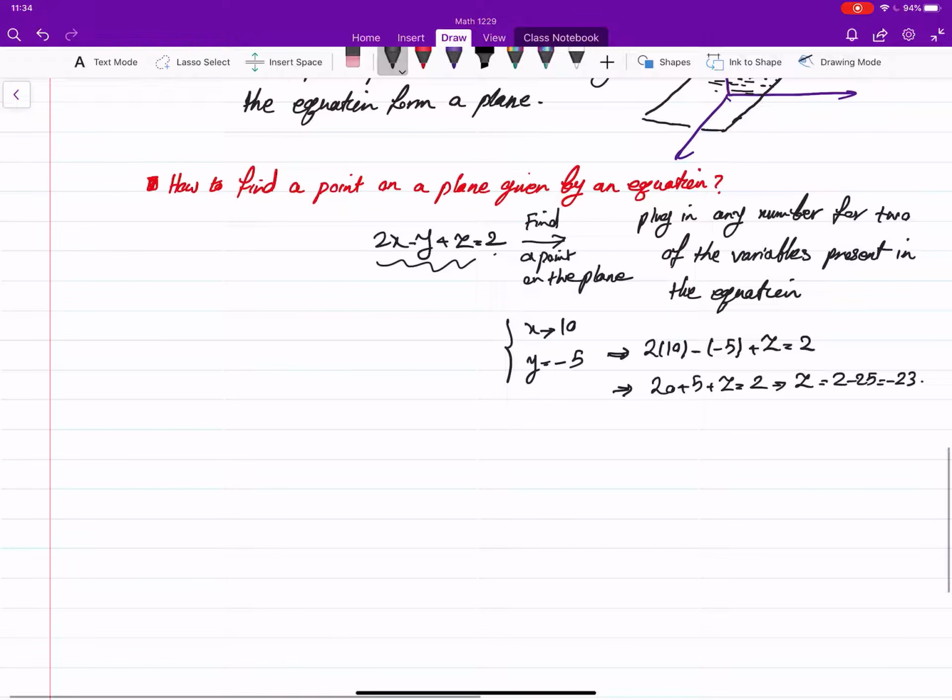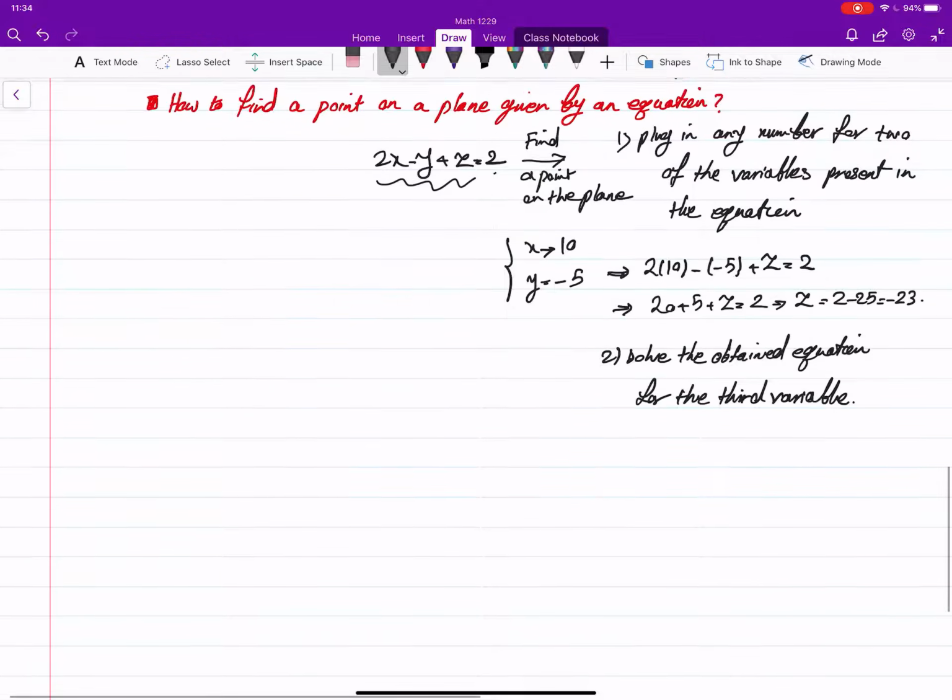Well, you plug in any number for two of the variables present, then solve the obtained equation for the third variable.